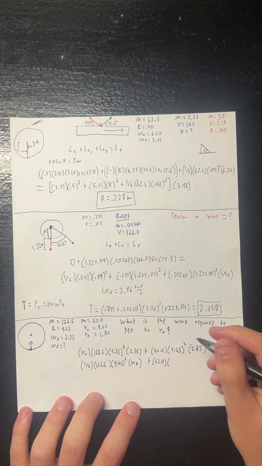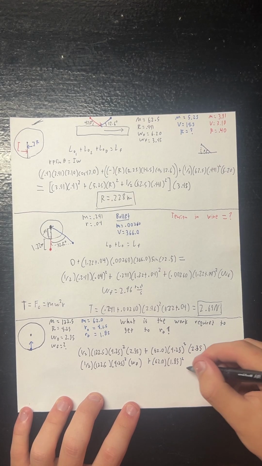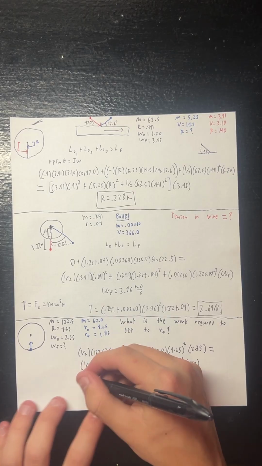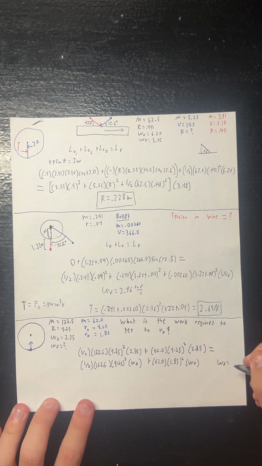The R here does change, however, it goes to R final, which is 1.85 squared times W final. So we can plug this in solver, and we come out to W final equals 3.97 radians per second. So that is our W final.